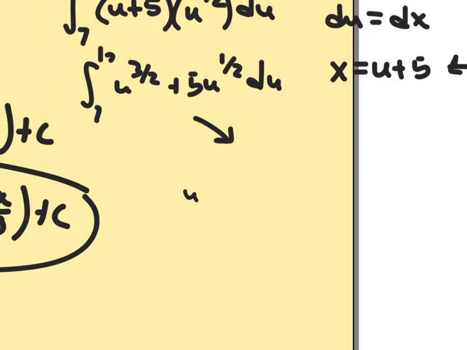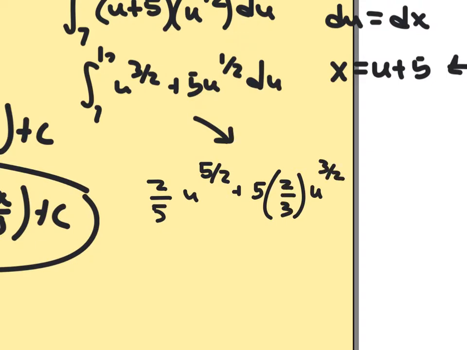That would be u to the 5/2 times 2/5 plus 5 times 2/3, there we go, plus, we don't need a c here. Why? Because it's a definite integral.